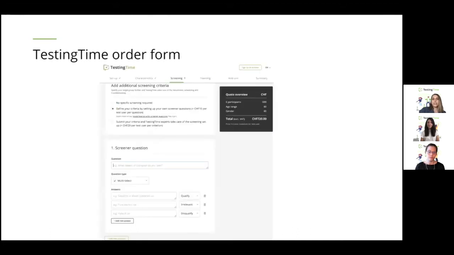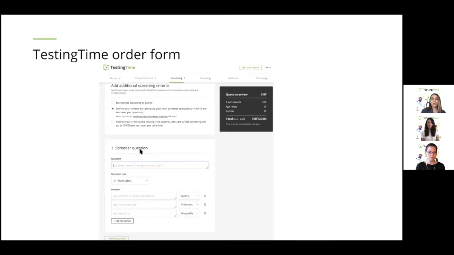For those of you who still haven't used TestingTime to recruit users, or haven't written your questions by yourself yet, I want to share with you the main page from which you can write your own screener questions. When you are on the order form of TestingTime, you have these steps in the form, and in the screener step you have three options to choose from.